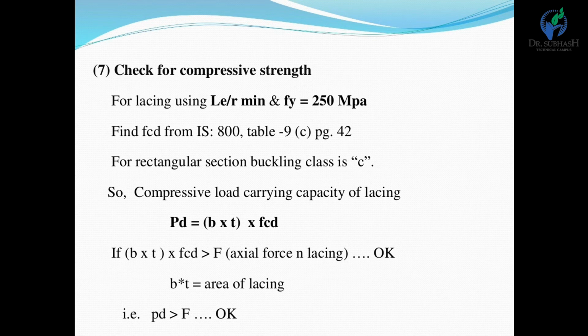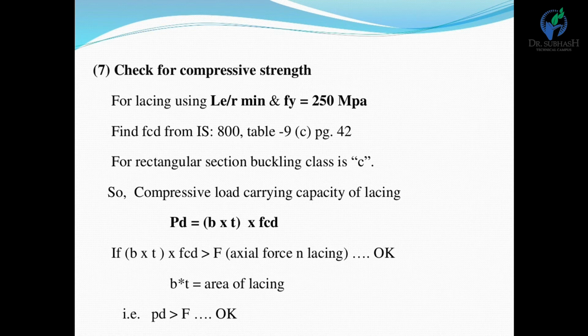For a rectangular section, the buckling class is C, as I already discussed. The compressive load carrying capacity is denoted by PD. PD is equal to B multiplied by T multiplied by FCD. B is the width of lacing, T is the thickness of lacing, and FCD is the compressive stress.